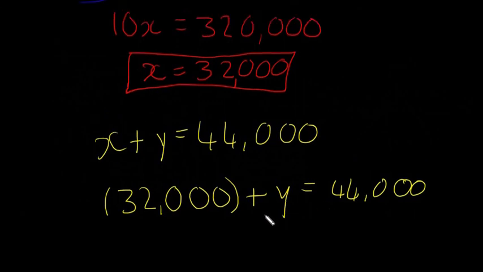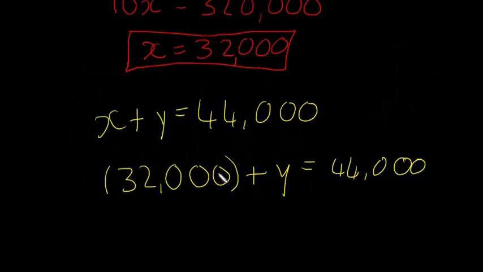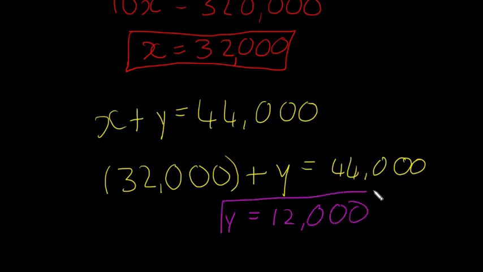That's going to give us that y is going to be equal to 44,000 minus 32,000, which is going to be 12,000 people. So that's the amount of people that bought the tickets for €20.